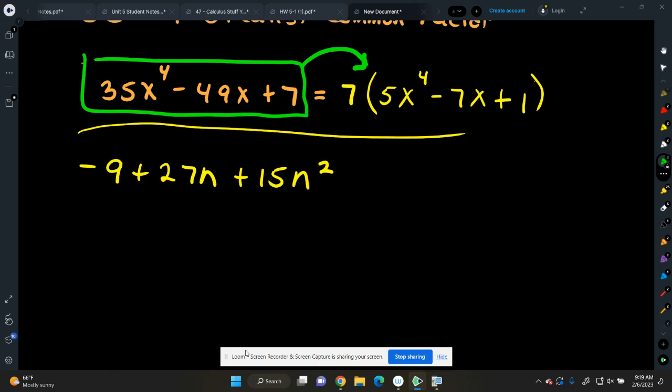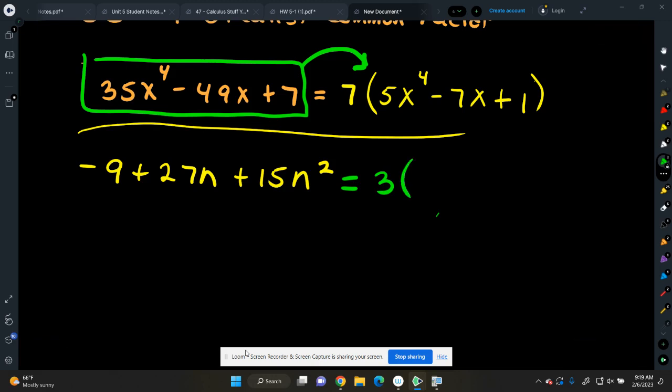Okay, so what are we going to factor out of this? What's the biggest thing that goes into negative 9, 27, and 15? 3. Good. So we're going to say this is equivalent to, we're going to take a 3 out. You could take a negative 3 out, but I'm going to leave it positive.